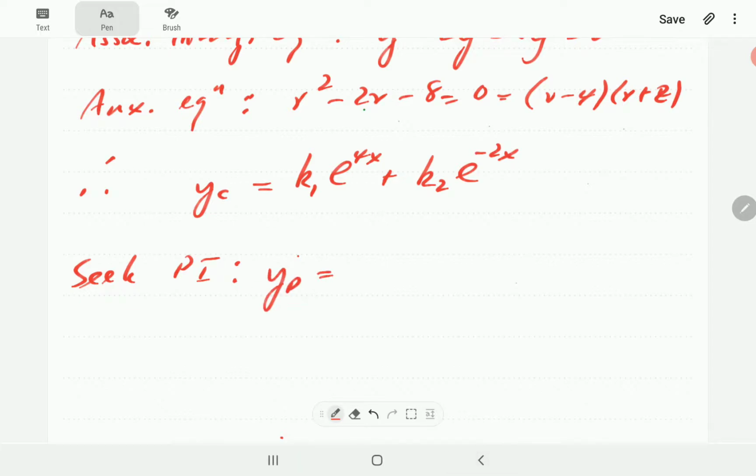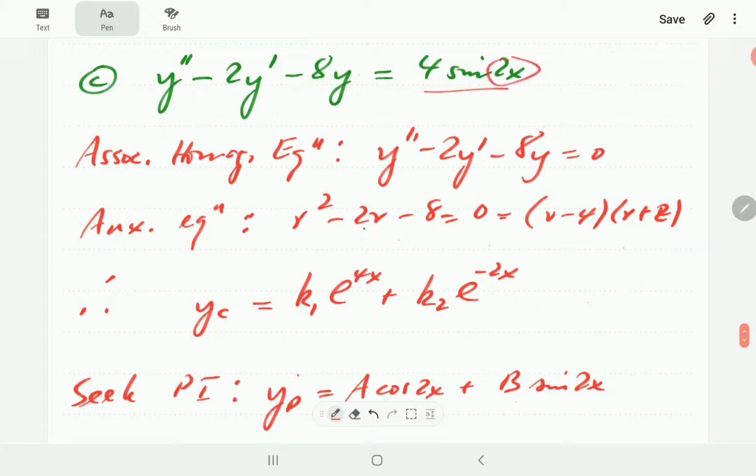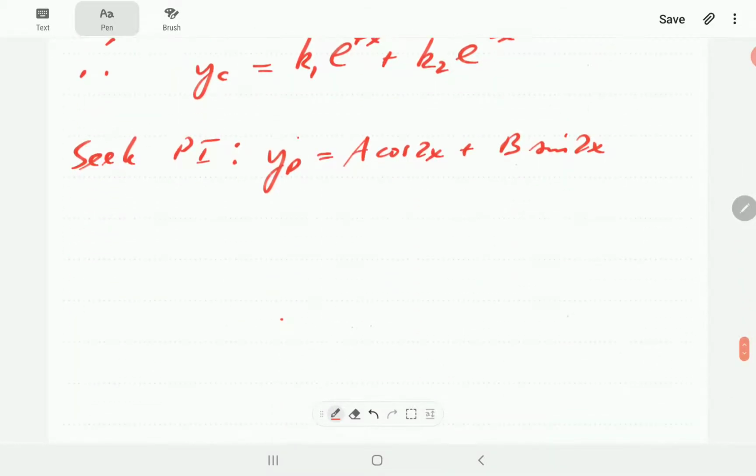is look for yp of this form: a cosine 2x plus b sine 2x. The 2x is from here. We said if this is either sine or cosine, the particular solution must always have both of them, because sine and cosine are basically the same function.